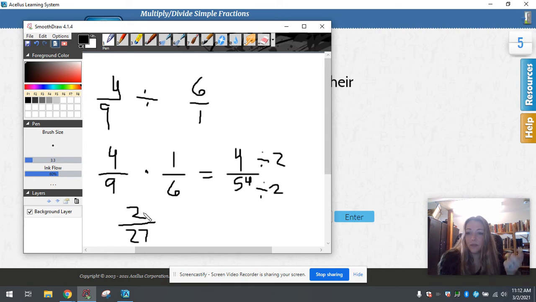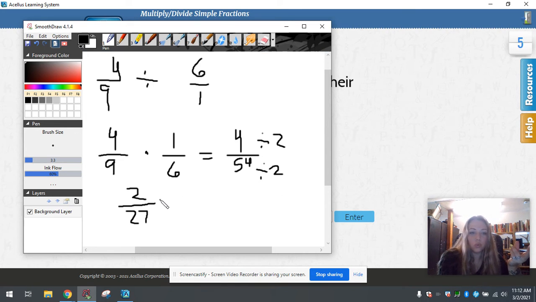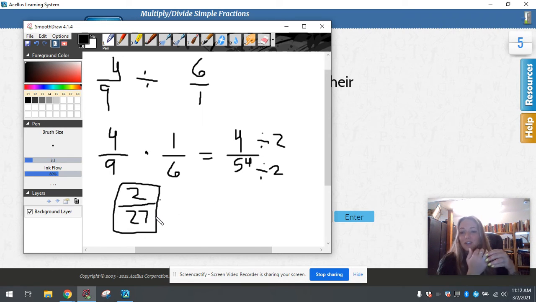It is a prime. We cannot divide it by anything else. So is 27 divisible by 2? No. So this is reduced. You can't reduce this anymore. If the smallest number in your fraction won't fit into the other one, and you've already reduced it down to something like a prime, then you won't have to reduce anymore.